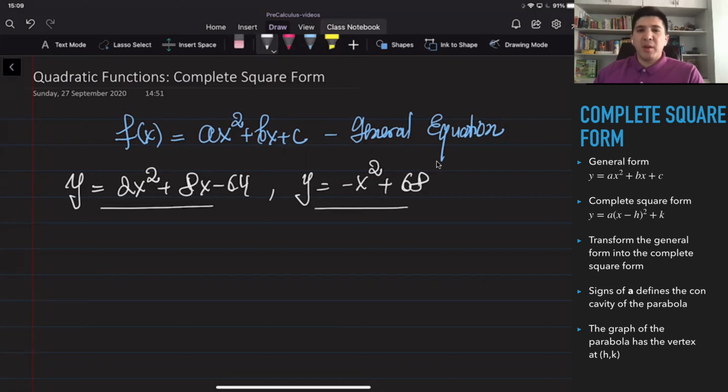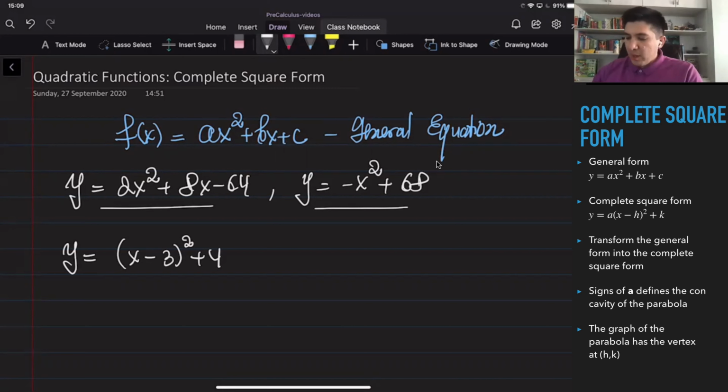If you remember our previous lectures, I sometimes wrote a function like (x minus 3) squared plus 4, and I told you that this is also a quadratic function. We can bring this into the general form by just opening the brackets.